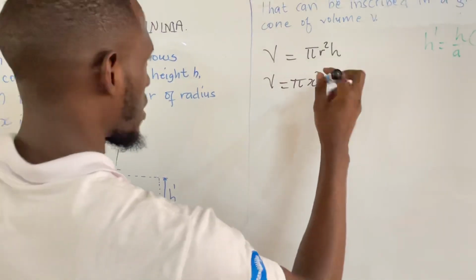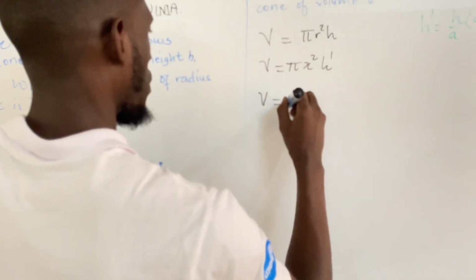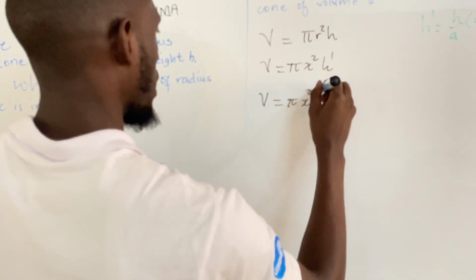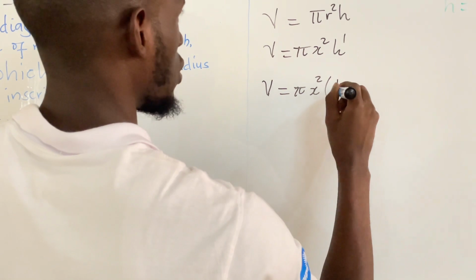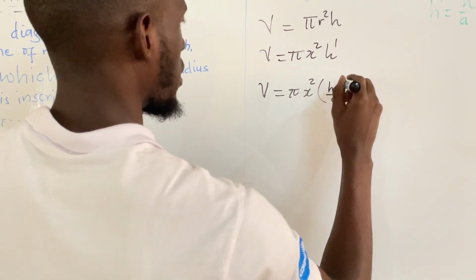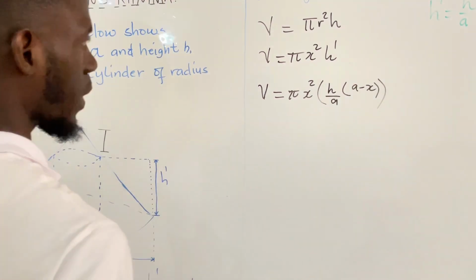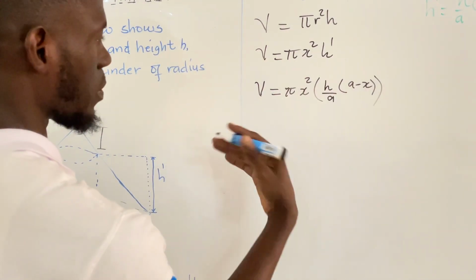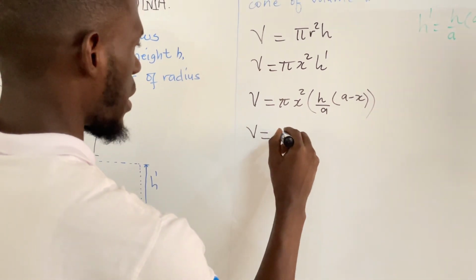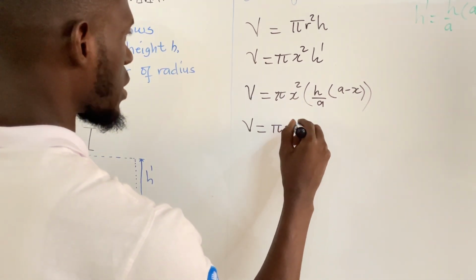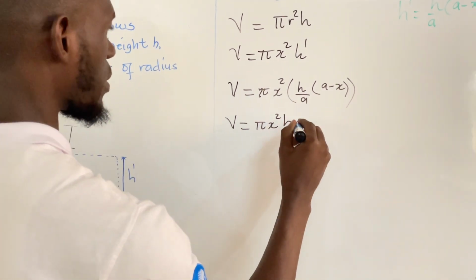So we can write v is equal to pi x squared, then h prime, which we got there as h over a into a minus x. This is what we have. Now I can open brackets. I have v is equal to pi x squared times h, then times a.